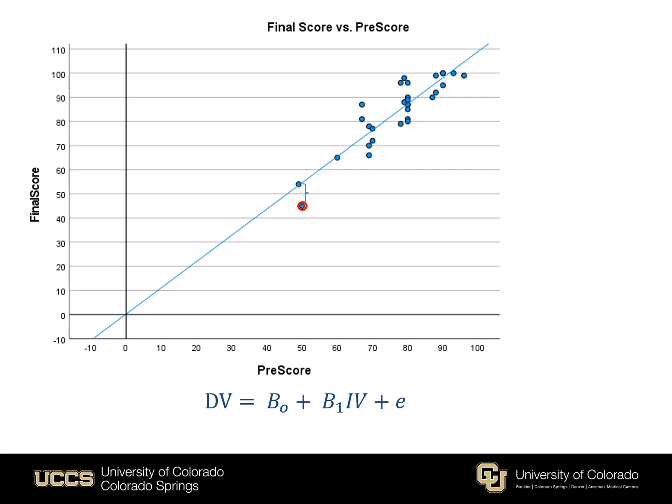And if we wanted to know exactly the difference, we would subtract from the data point, which is y, its predicted value, y hat, which is the value on the line directly above it, and then the difference is the error or the residual.